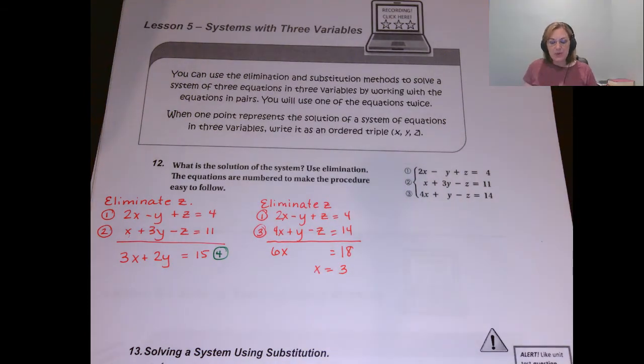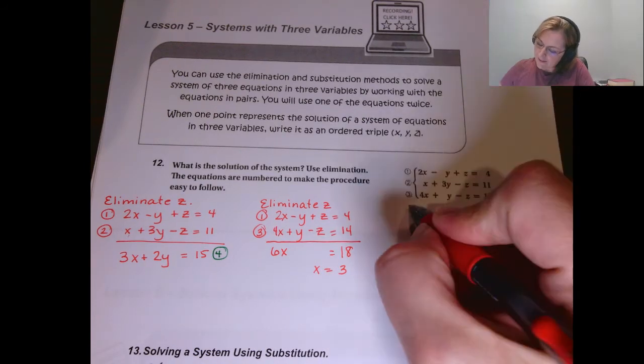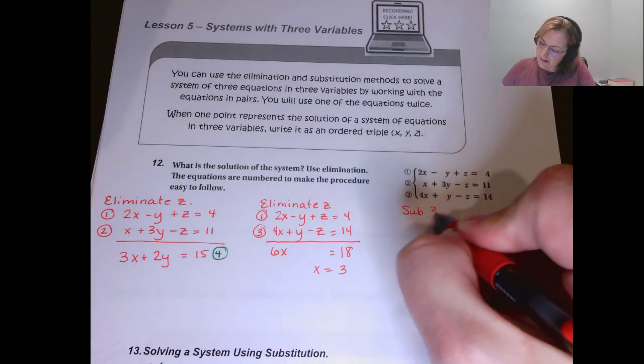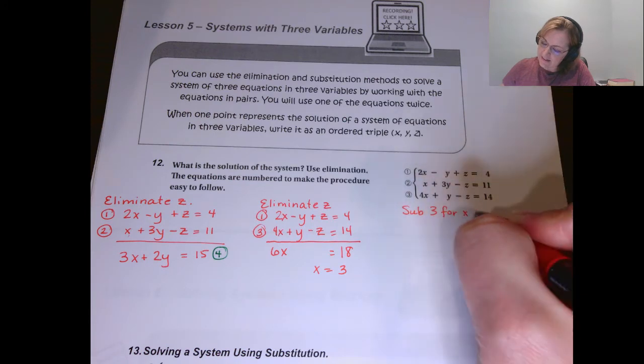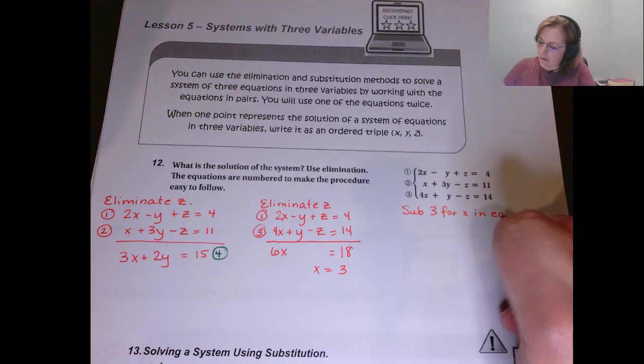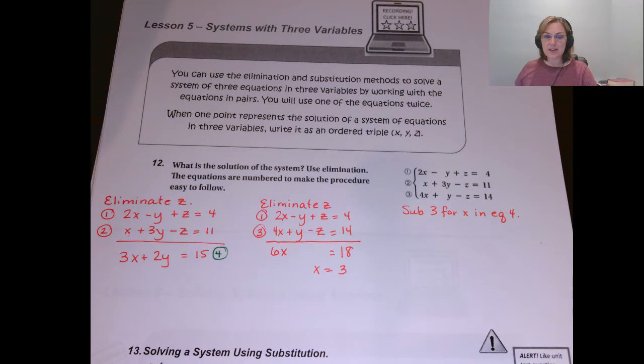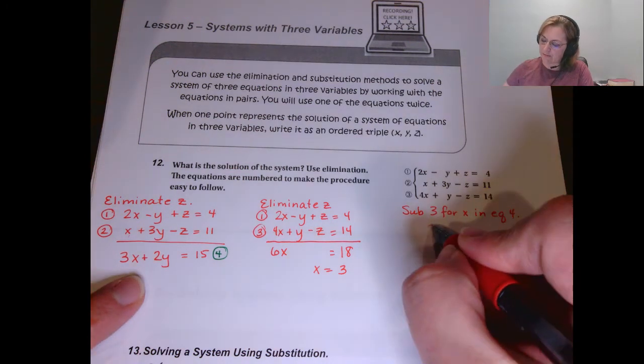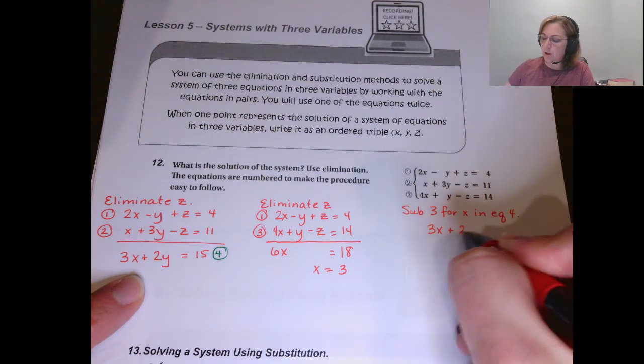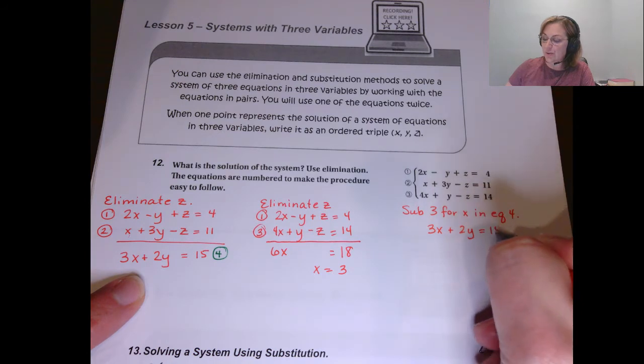Okay, now that I know x is 3, we're going to substitute 3 for x in equation 4. Now, why would I do that in equation 4? Well, look at equation 4. Equation 4 only has 2 variables.